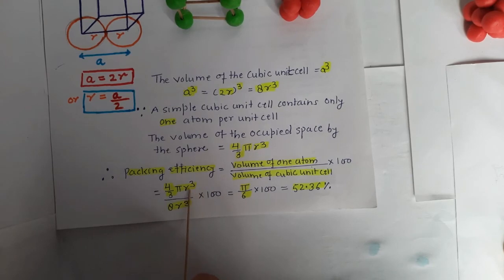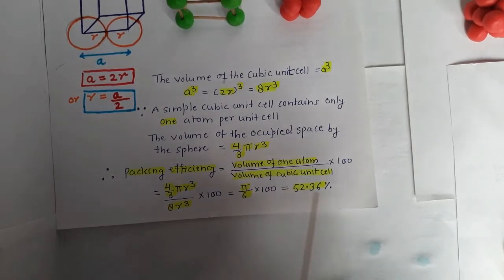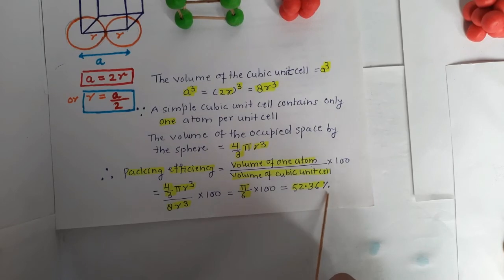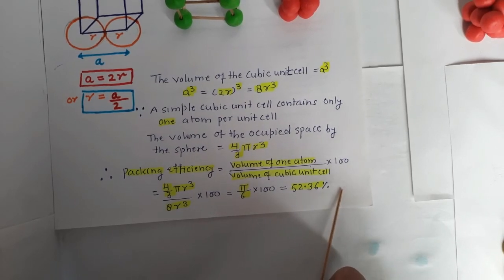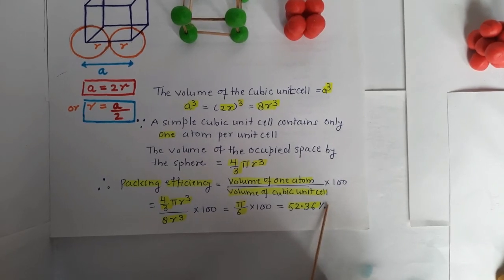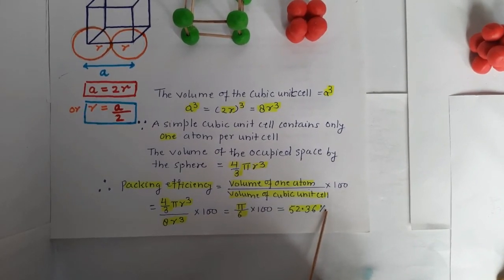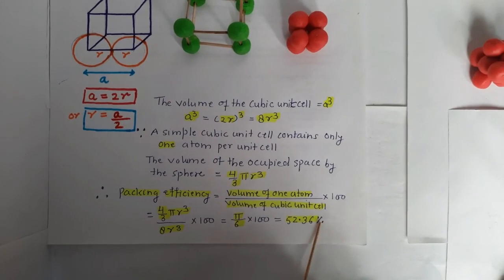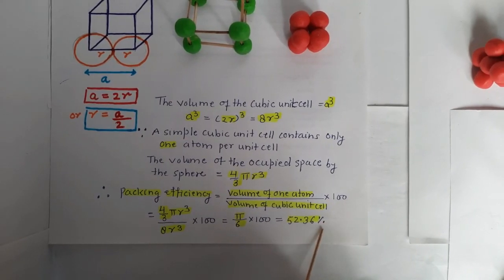The r cube will cancel, and if we simplify, it will be equal to pi by 6 multiplied by 100, and that will give you 52.36%. So the packing efficiency in the primitive cubic unit cell or simple cubic lattice will be equal to 52.36%.